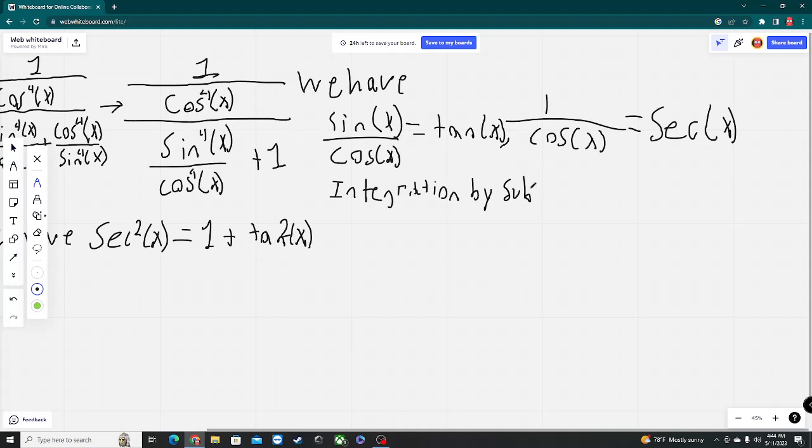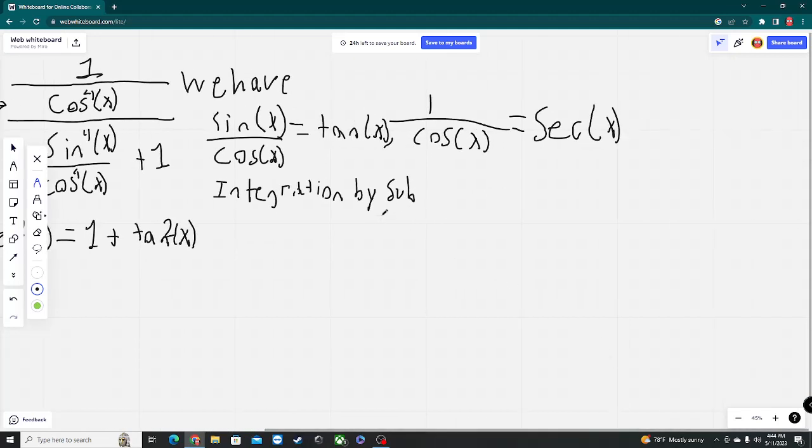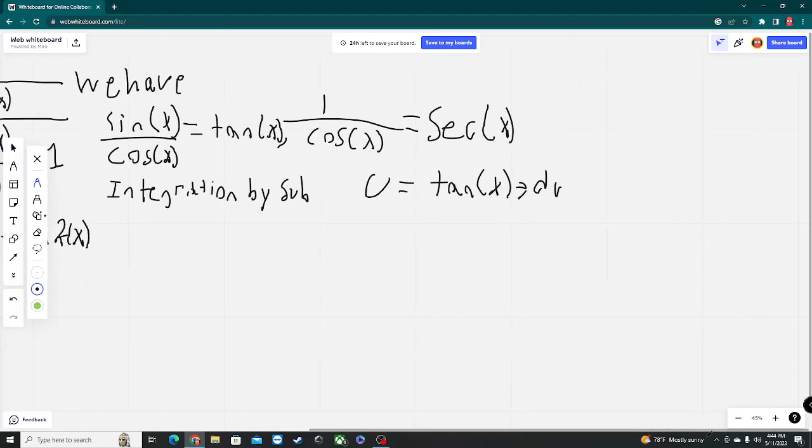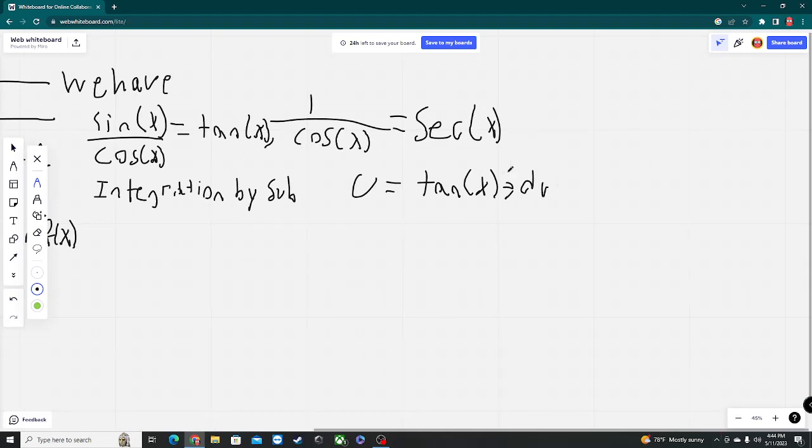We're gonna do substitution. I already made a u-sub video on basic integrals. This is gonna be pretty similar. We're just gonna have u equals our tan x, because that's the most annoying part of this problem. Now we're gonna find our du. Remember, derivative of tan, we're gonna get sec.